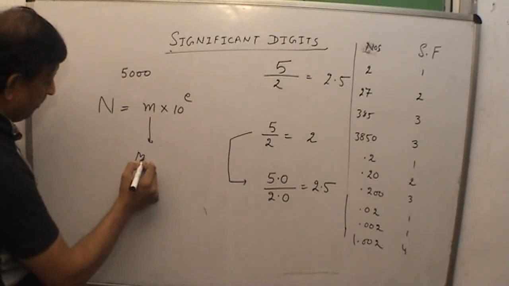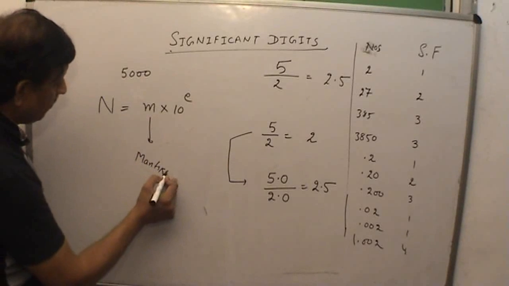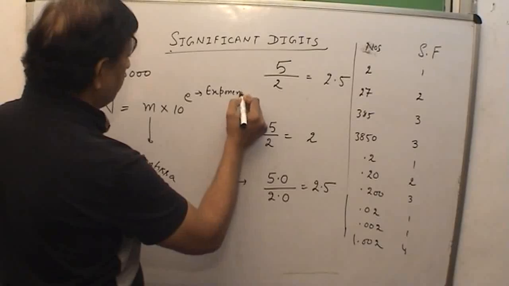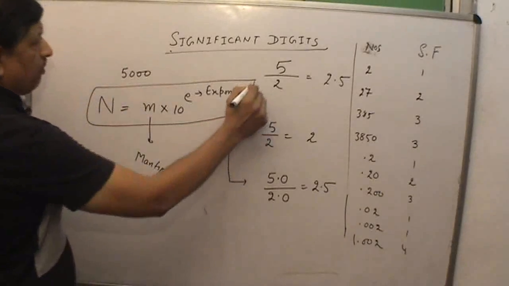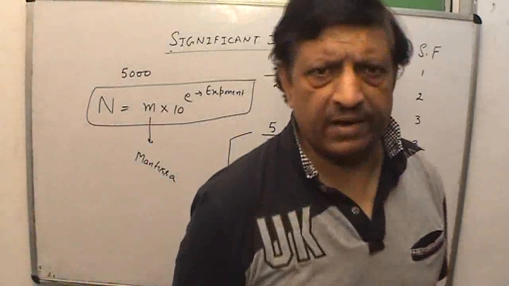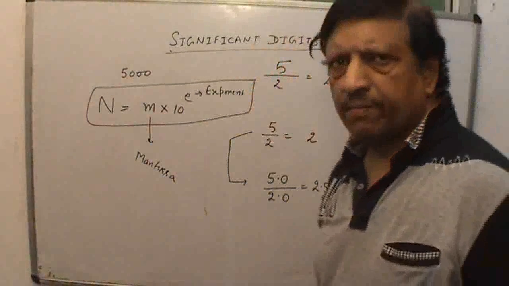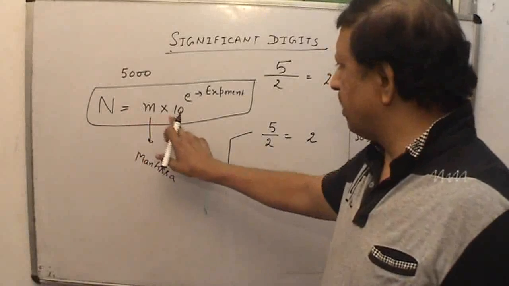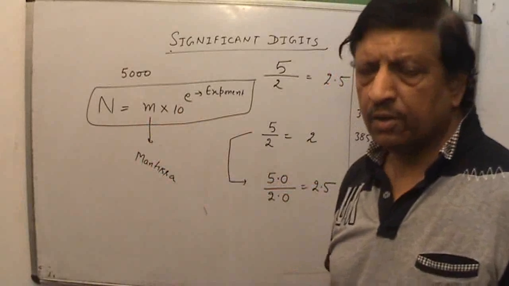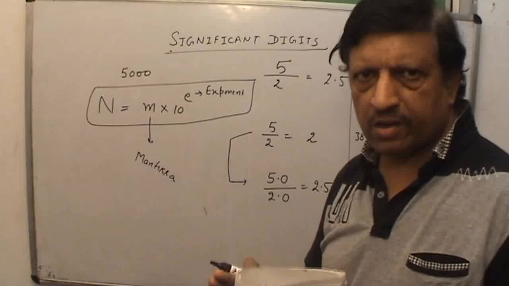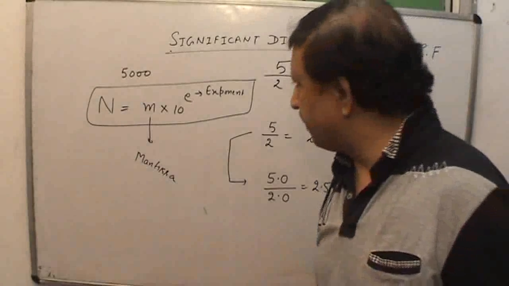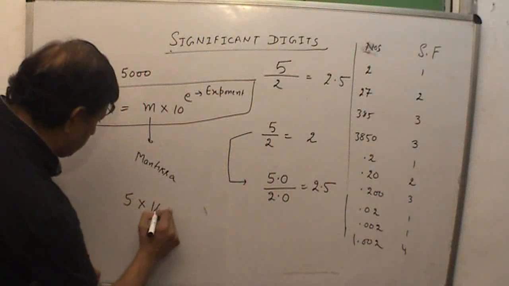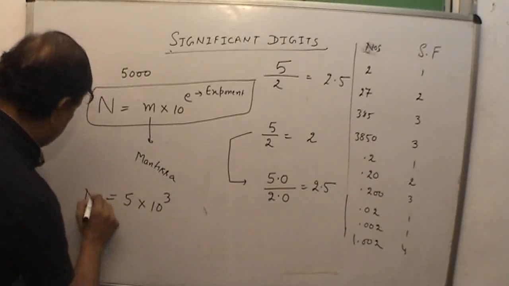M stands for mantissa and E stands for exponent. So we decided on a system where we will represent every figure in this form, mantissa into 10 raised to the power exponent, so that our system could identify every figure in the same manner. Let us see, this 5,000 we can write as 5 into 10 raised to the power 3.